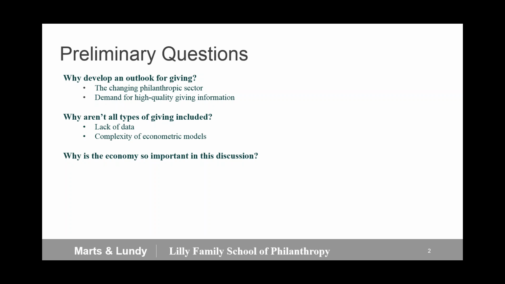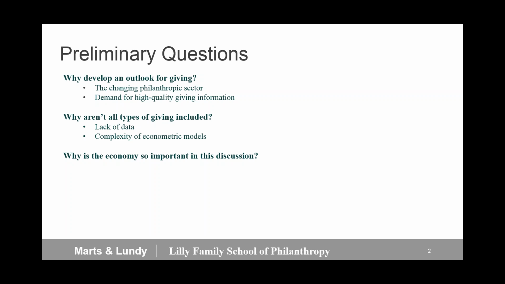nonprofit management. I should note that today we'll share information on the outlook for various types of giving, various sources of giving, but there are still areas where we lack complete information, and we require comprehensive information in all areas in order to build the complex models that I'll be sharing today.